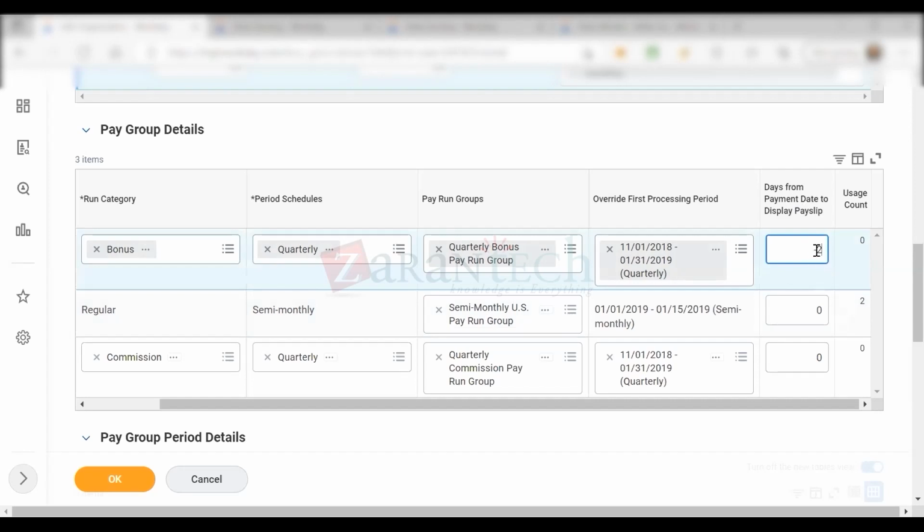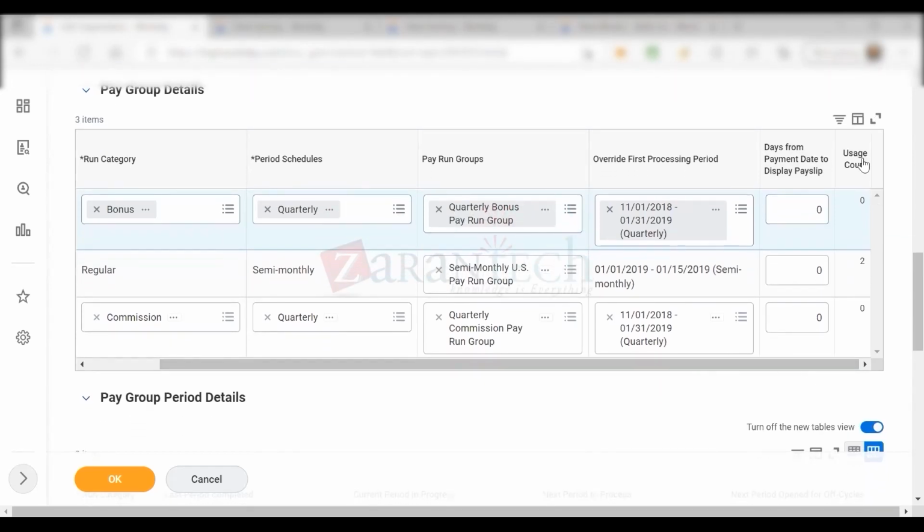If I put +2, then the payslip will be available for the employee to review after 2 days from my payment date. So this is another important thing. We need to talk to our customer and understand how soon they want the payslip to be available for review to the employee before payment date. And based on that, you can put the number.